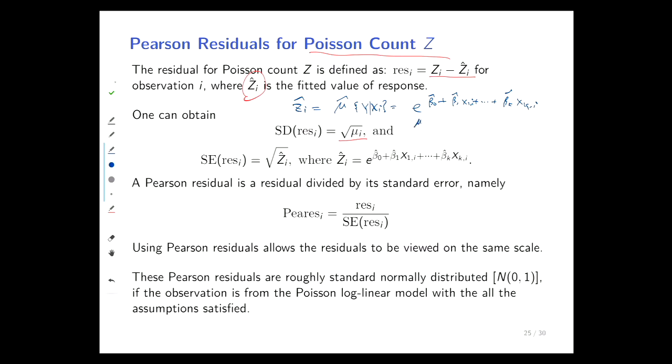The mu i is the exponential of beta 0, which is the true value but unknown, plus beta 1 x1i, and so on and so forth, until beta k xki, which is the ith mean of response. Maybe I just write it as the mean of zi.